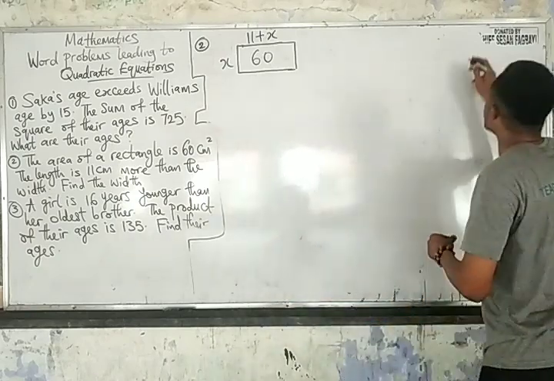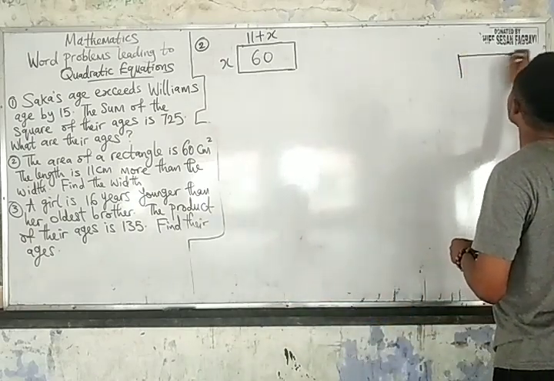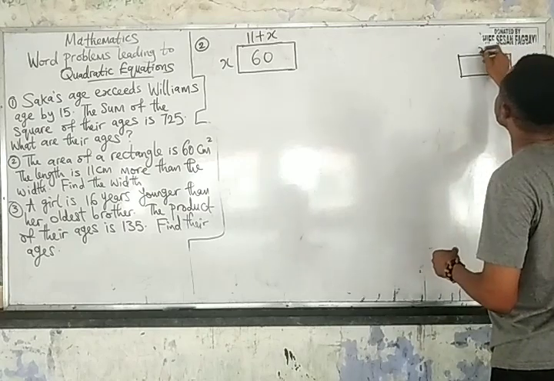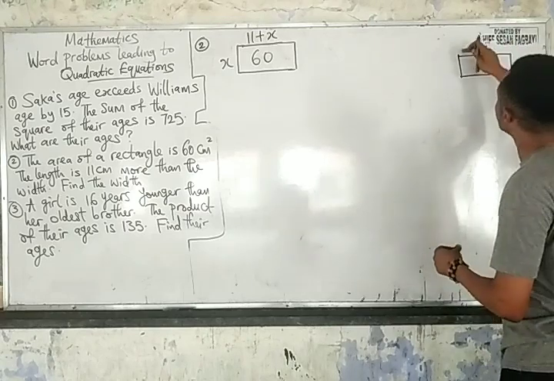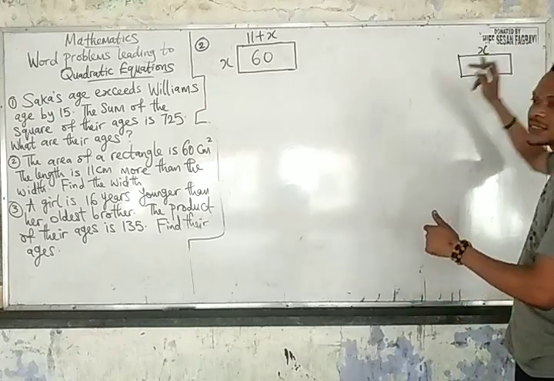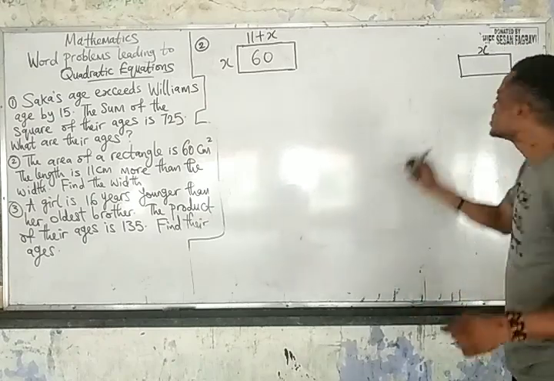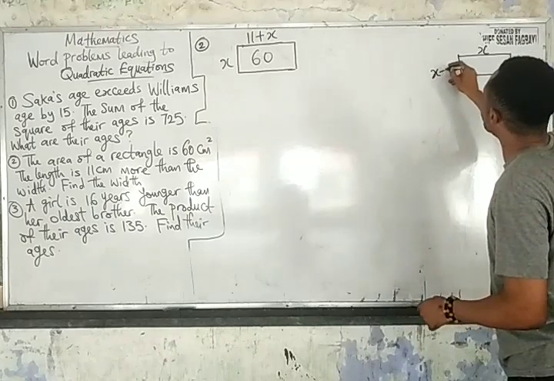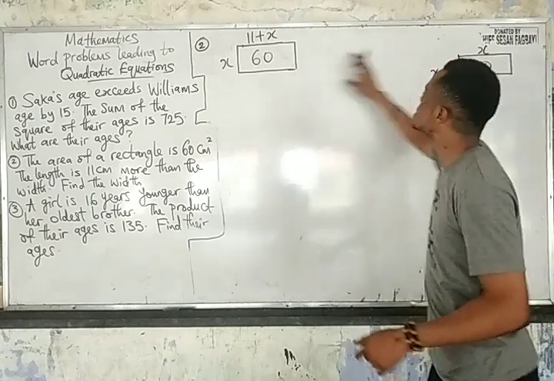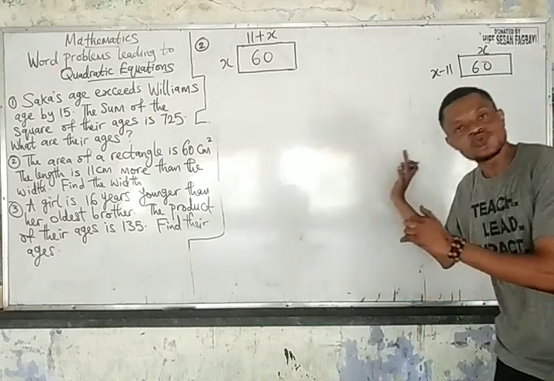It could also be assumed to be like this, like, well, if the length is x, then the width will be 11 lower than the size of the length. So it will now be x minus 11. The two are denoting the same expression. The two are correct.